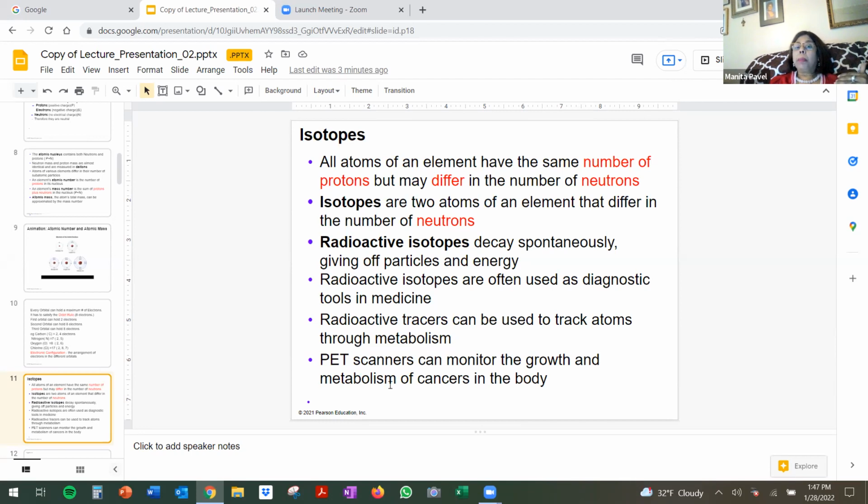We have today the PET scanners that can monitor the growth and metabolism of cancers in the body. And we're going to see an image, how through PET scanning you can identify a region in the throat and, using this radioactive isotope, see the metabolic pathway to identify the region or area which is cancerous or carcinogenic.